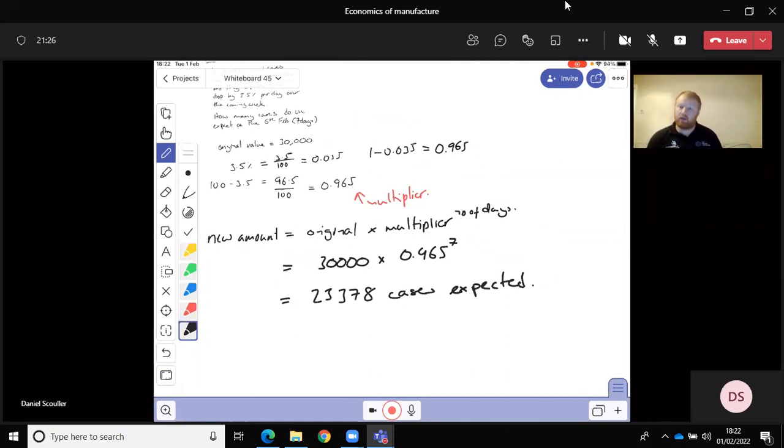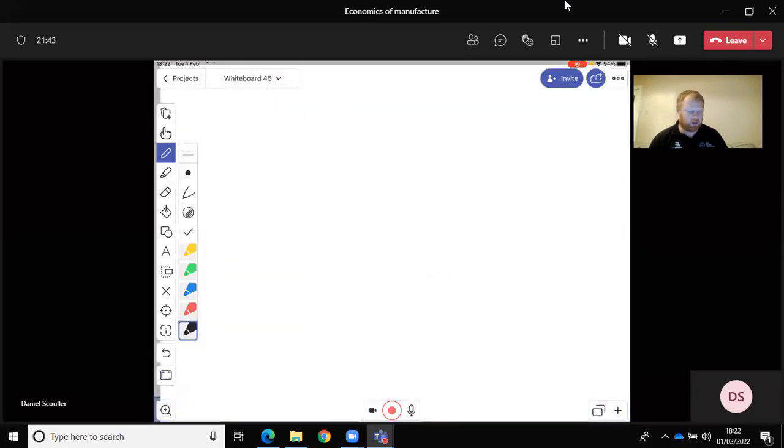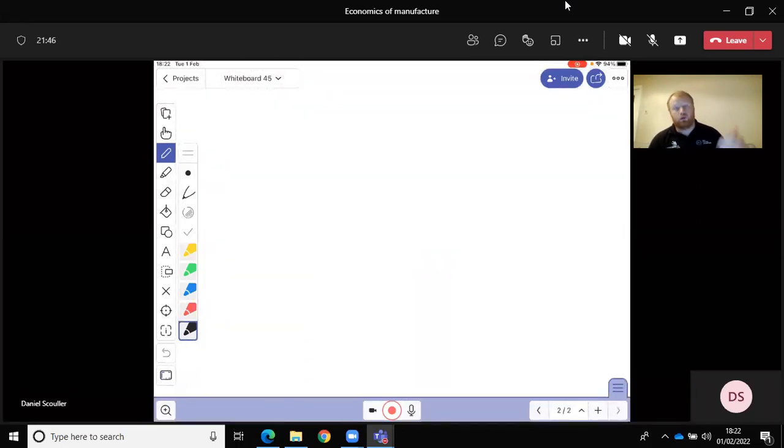It really could be anything. But remember, try and put those units, you usually get a mark for those units. So that's depreciation, nothing too bad. Very similar to appreciation, but it's a number below 1 that we're multiplying it by that becomes a multiplier.